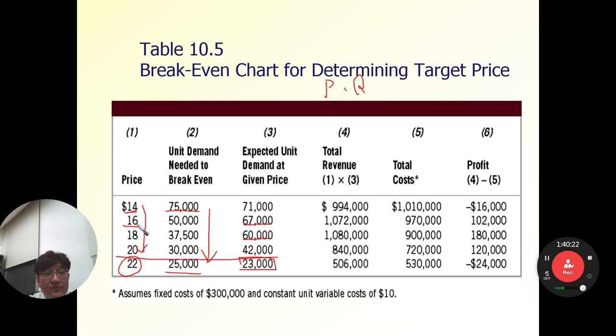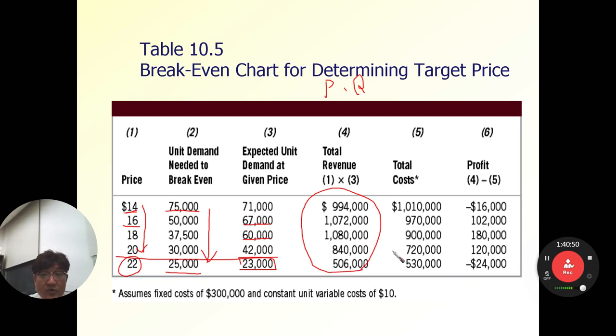If you multiply $16 and 67,000 units, it's going to be 1,072,000. Something like this. Now you have a total revenue like this. Now you can also calculate the total cost, right?